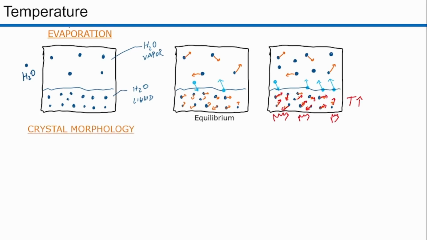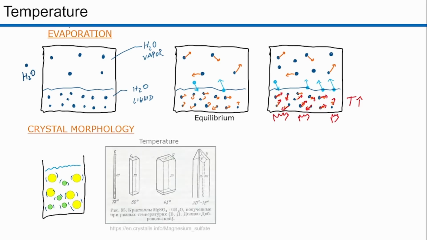Temperature also affects crystal morphology. After all, the crystal compounds are also vibrating. Here you can see in this information how magnesium sulfate crystals change their shape according to the temperature of growth. So the temperature can also affect your crystal shape.